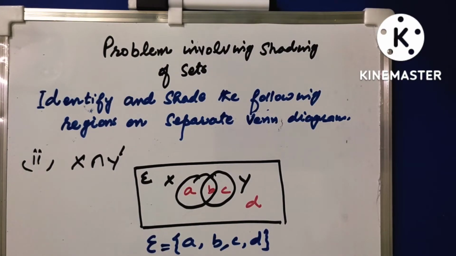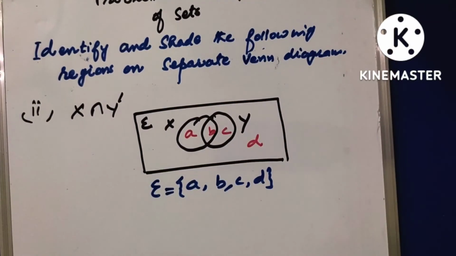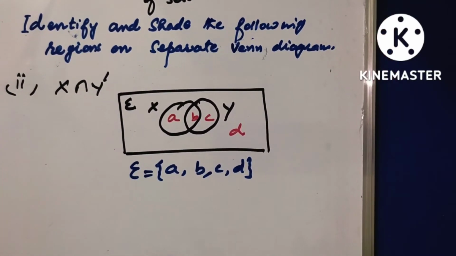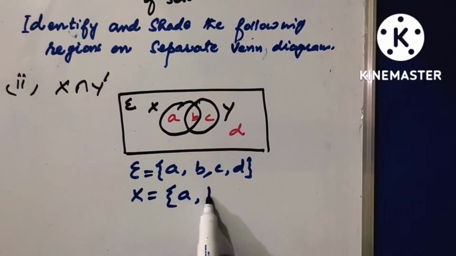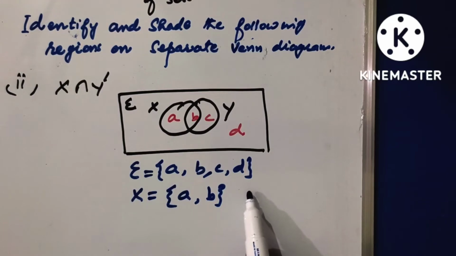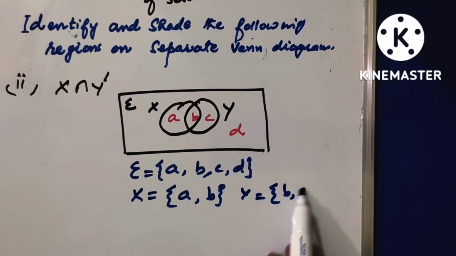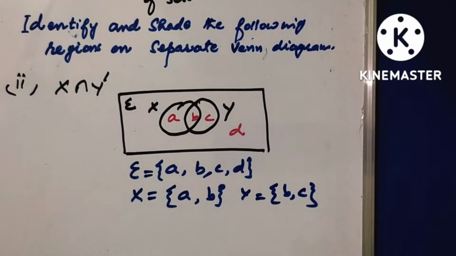Set X is equal to A, B, set Y equals to B, C. We have listed 3 sets.